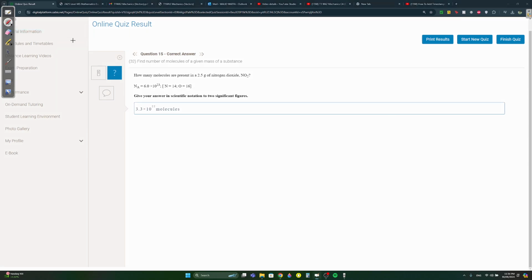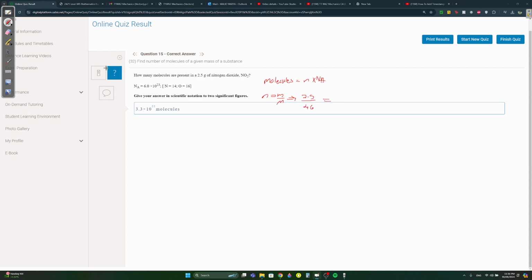Okay, how many molecules are present in 2.5 grams of NO2? First, the number of molecules equals n times Avogadro's number, n times NA. n is equal to the mass divided by the molar mass, which is 2.5 divided by the molar mass of NO2, which is N 14 plus 32 is 46.